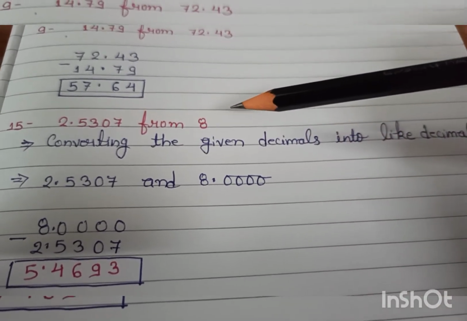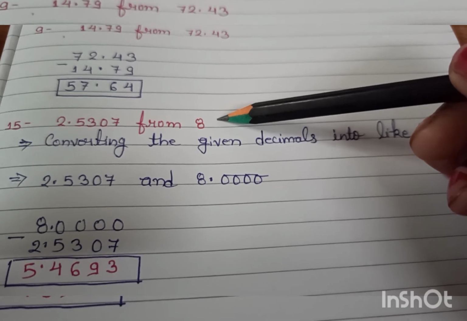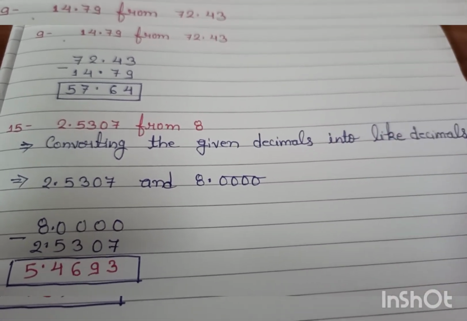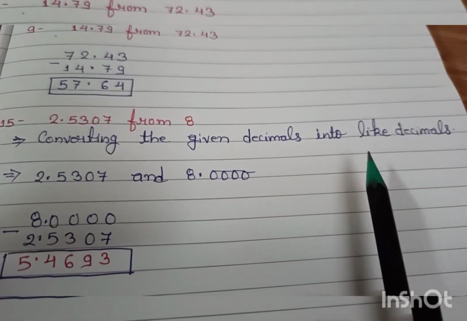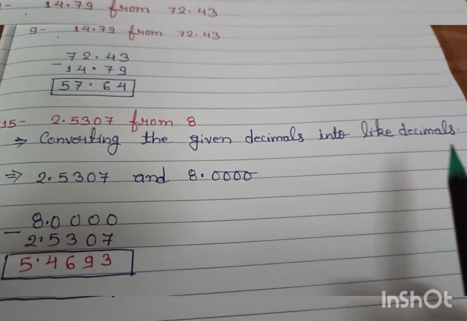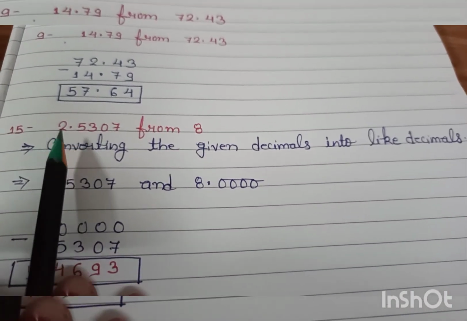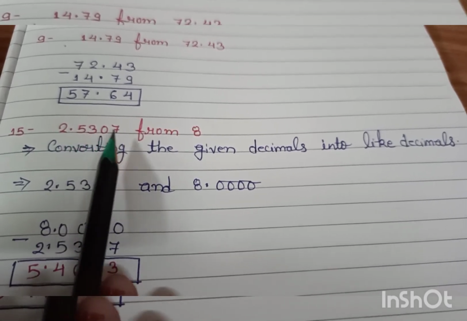2.5307 from 8. You can see our second number 8 is in whole number form, there is no decimal. Then what to do? First of all, convert the given numbers into like decimals. How do you convert 8 to like decimal? First, count how many digits after the decimal: 1, 2, 3, 4.